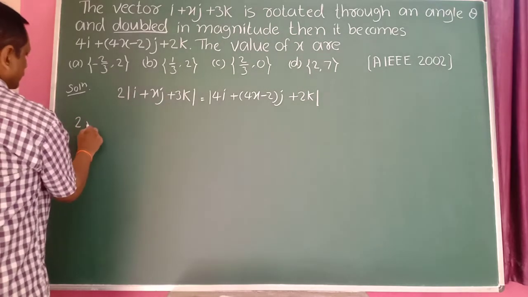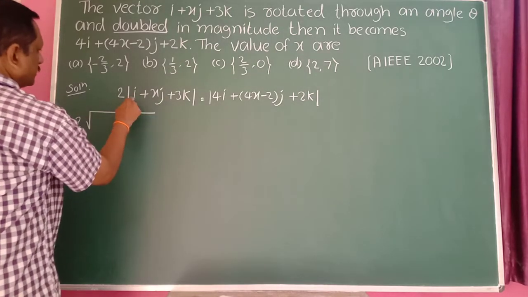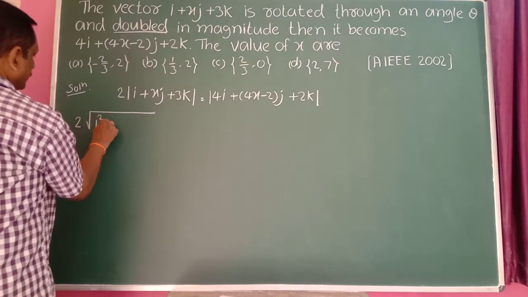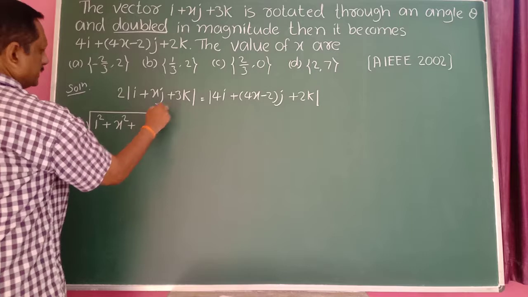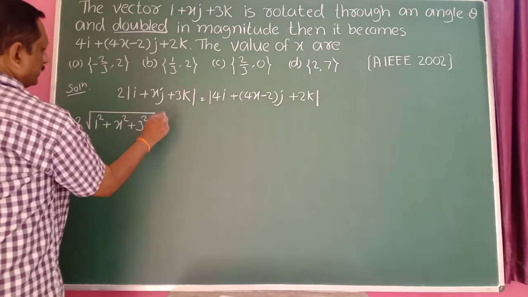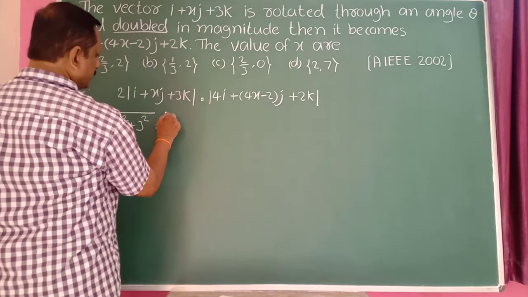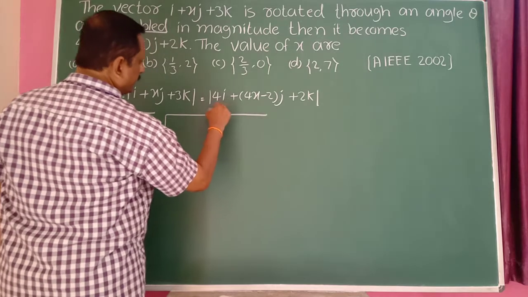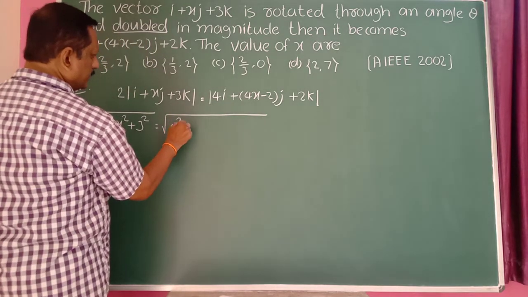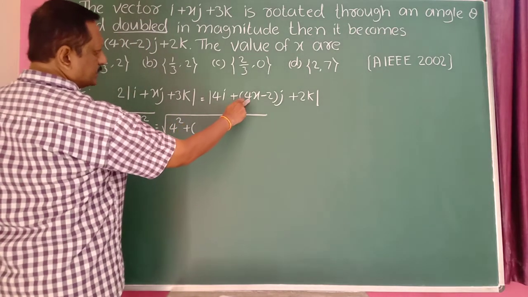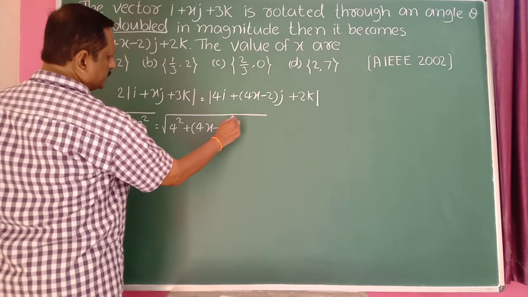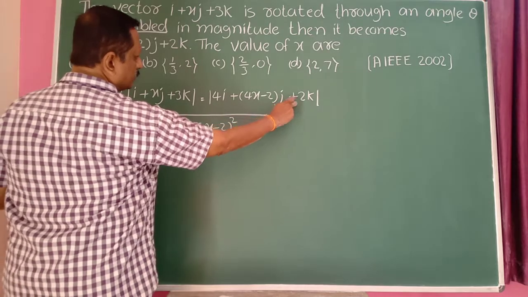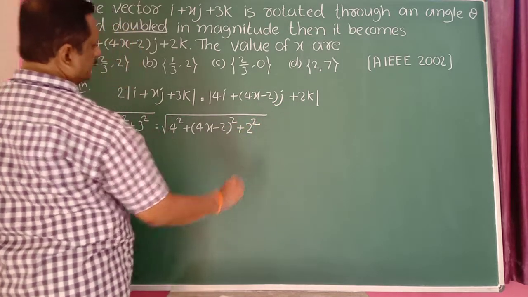magnitude of this vector gives the root of 1 square plus x square plus 3 square here, and the magnitude of this vector is given by root of 4 square plus (4x minus 2) whole square plus 2 square here.